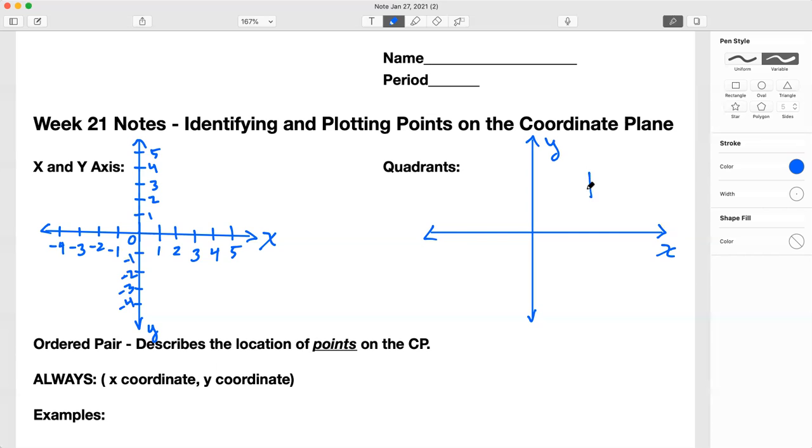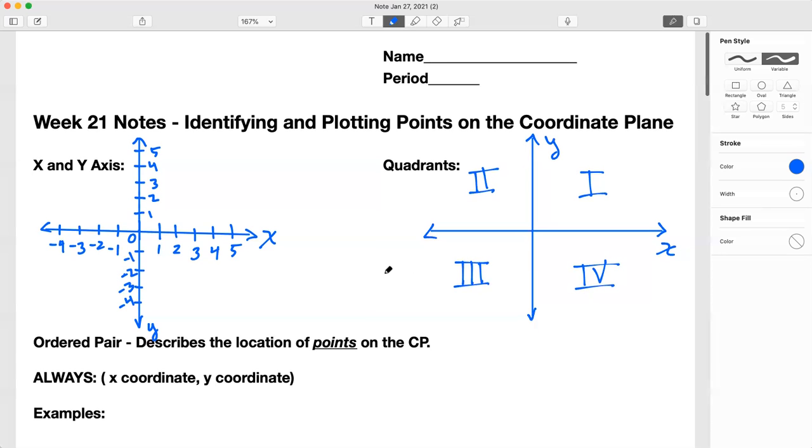And we use Roman numerals. This is quadrant 1. This is quadrant 2. This is quadrant 3. And then this is quadrant 4. So it goes from the upper right around counterclockwise down to the lower right. 1, 2, 3, 4, just like that.